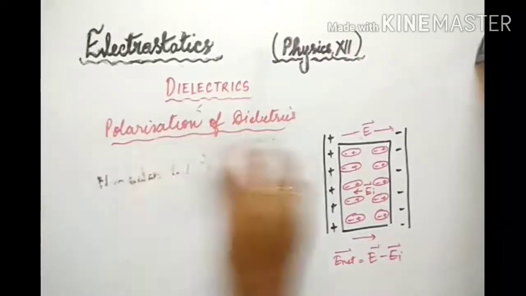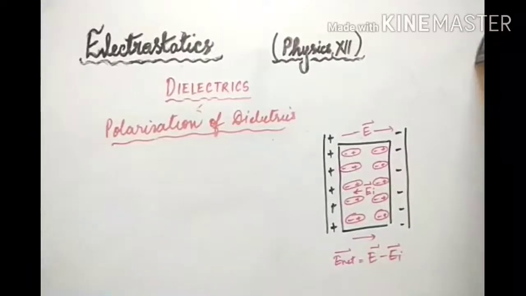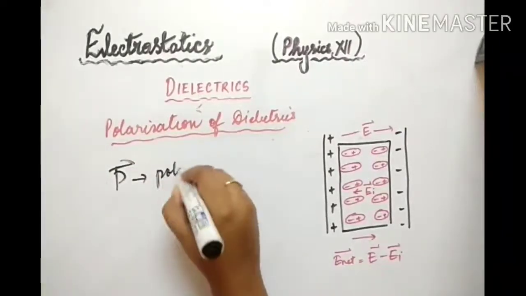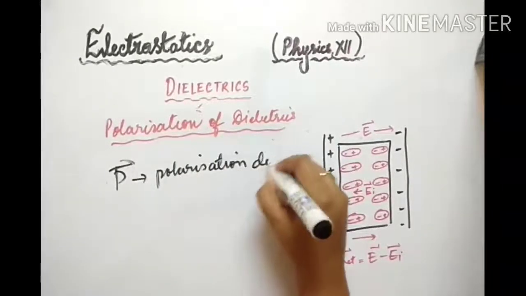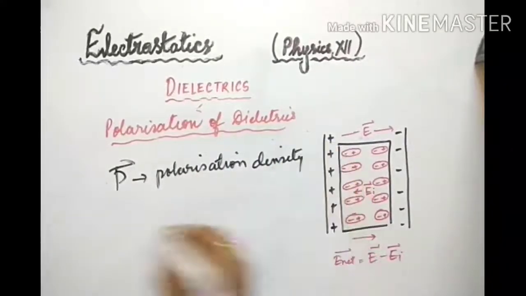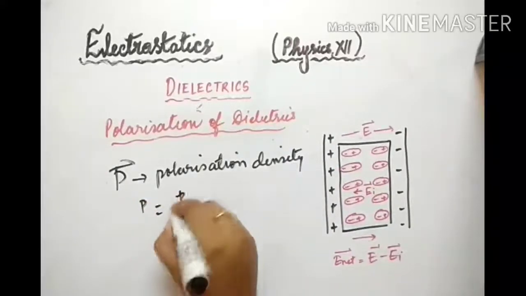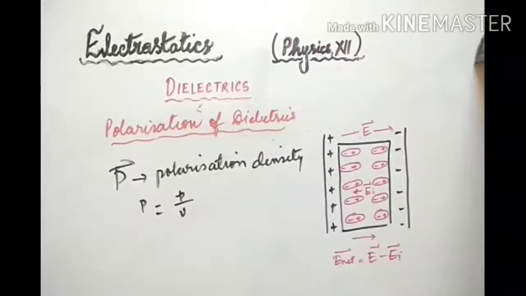Now, the extent to which a dielectric is polarized is denoted by a term P, which is known as polarization density. It is the dipole moment per unit volume of the dielectric.